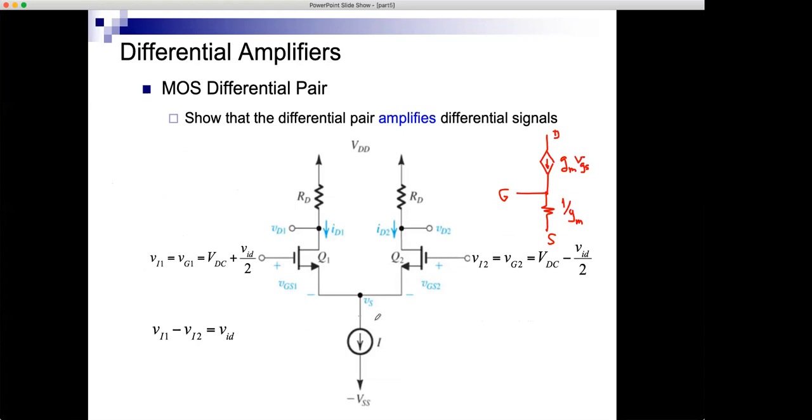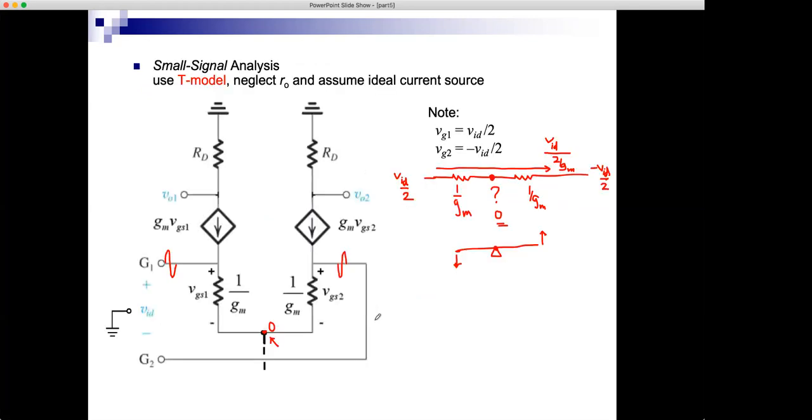So it will have some output resistance, which is not infinite. And RSS would be that output resistance of this non-ideal current source. So if we have a real current source with an output resistance RSS, let's include it. And here I will not have an open circuit. I will have an RSS to ground.